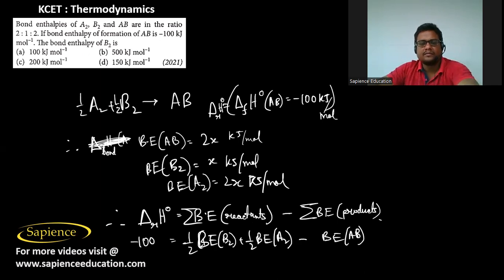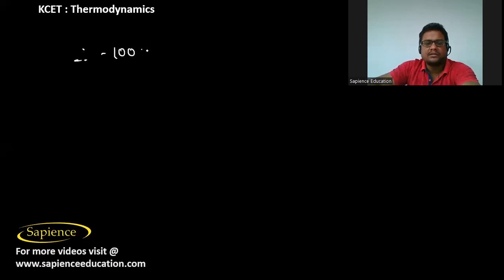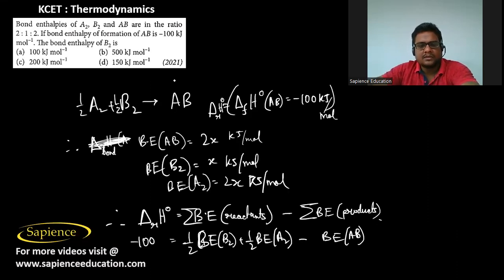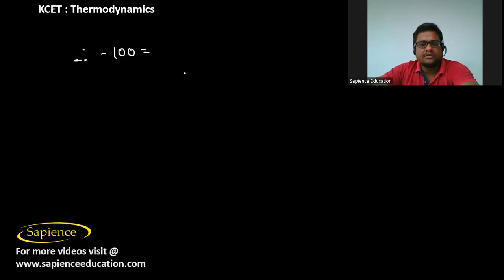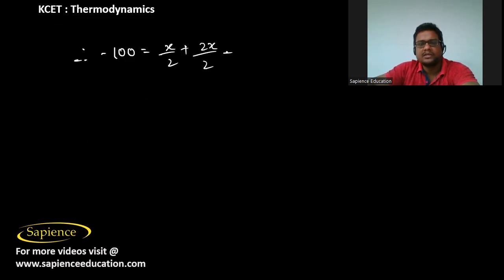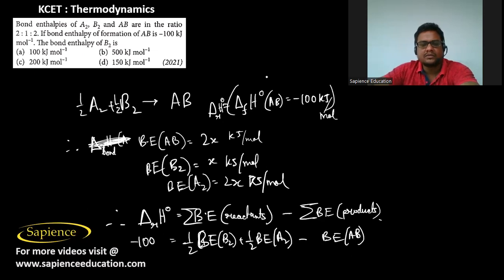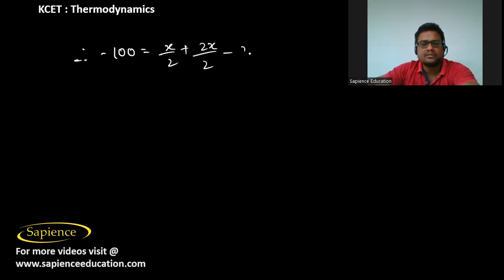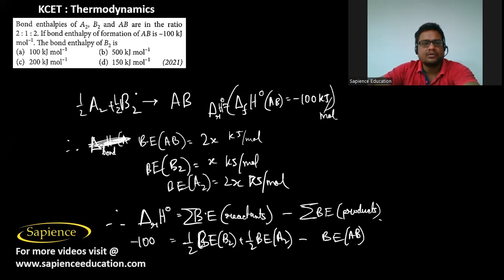So minus 100 equals half x, that is x by 2, plus 2x, minus 2x. So it will be x plus x by 2 minus 2x, equal to minus 100. We have to find the bond enthalpy of B2, it means x has been asked.